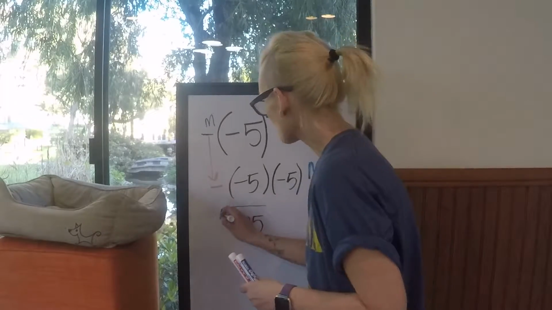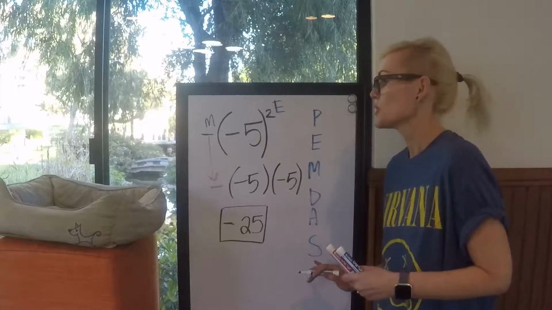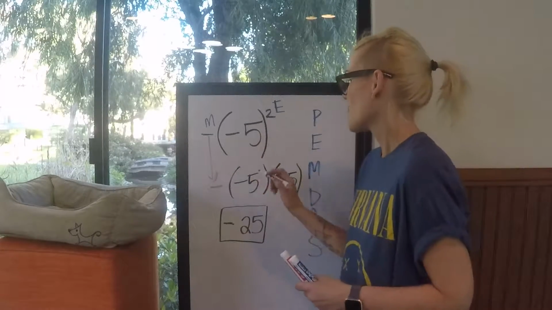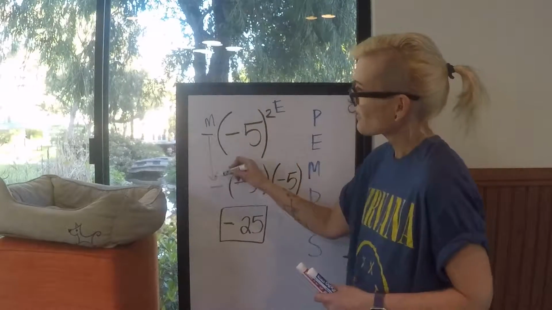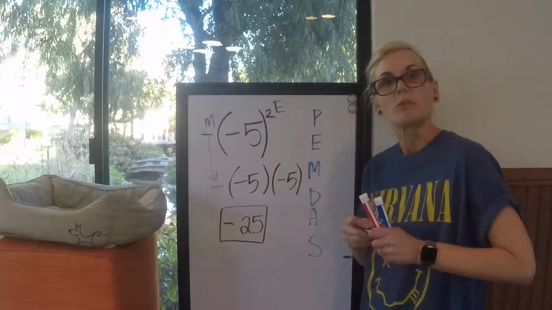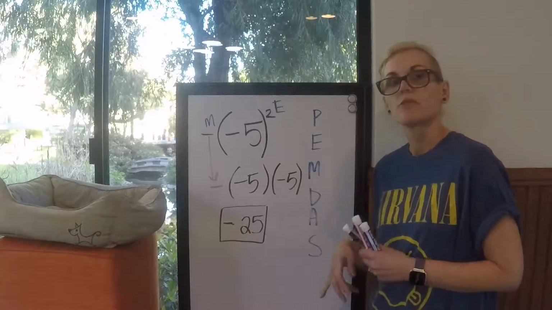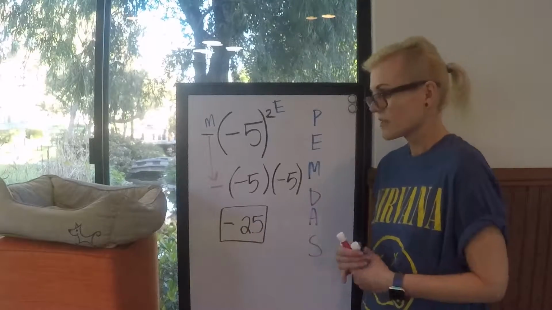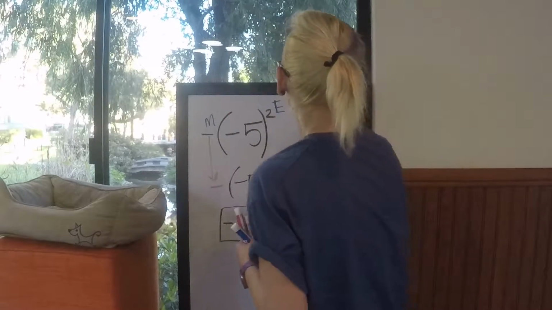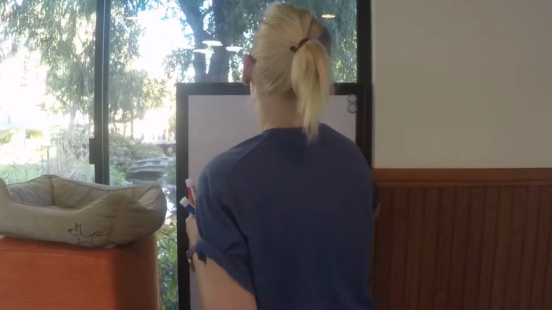So when you do these problems, make sure you're following PEMDAS. Make sure you know, is the negative coming along for the ride inside the parentheses, or is it coming along as a multiplication problem? Okay? And at the end, make sure that you're counting the correct number of negatives so that you know your final answer is positive or negative. Okay? So you don't know if it's positive or negative until you do the problem out.